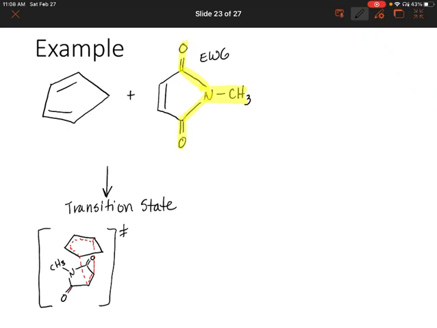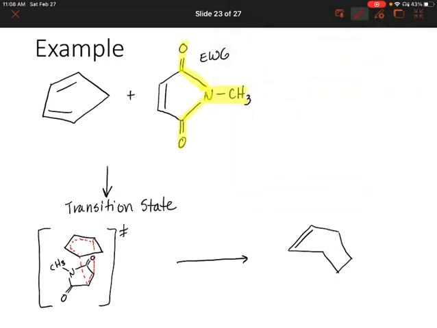Okay, so now let's draw what this would look like once all of our new bonds have formed. So again, we're forming a boat conformation. It's almost like a folded piece of paper there. We have our double bond that formed in the back.